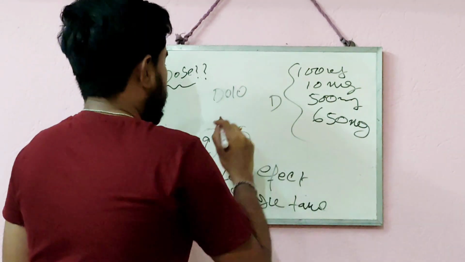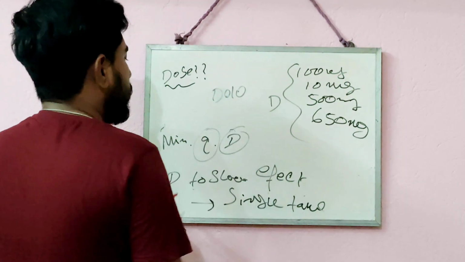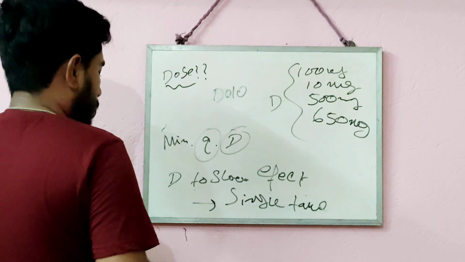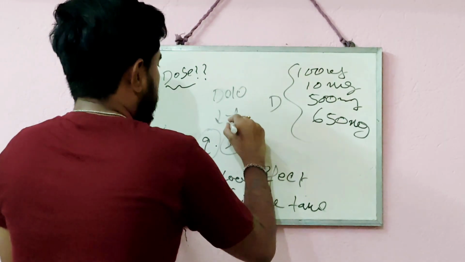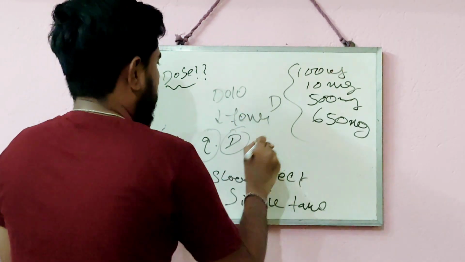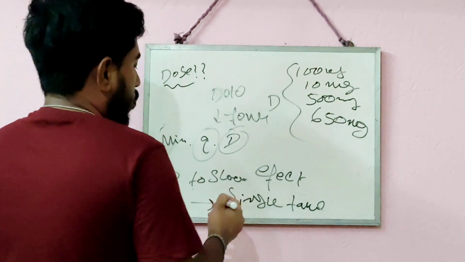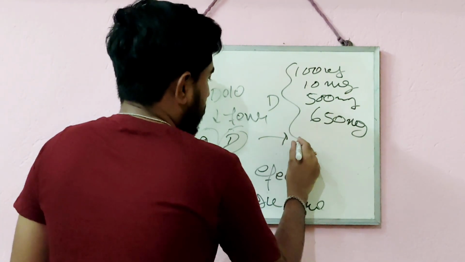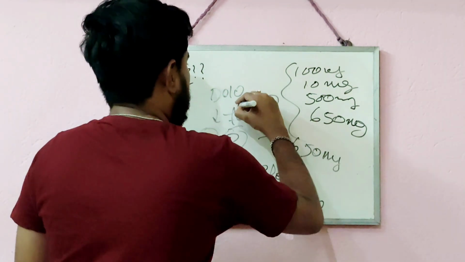I am telling Dolo. That is a company name. Dolo generally contains paracetamol, which we generally take for treating fever or decreasing body temperature. What is Dolo's dose? We know Dolo is available in two doses, 650 mg and 500 mg.